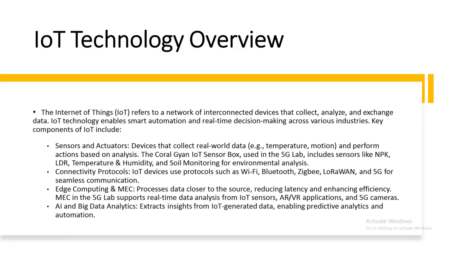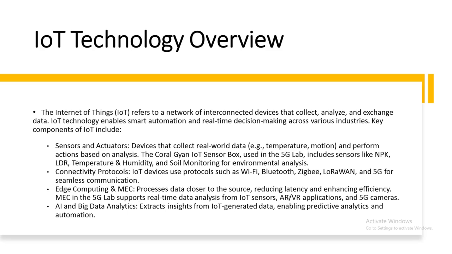It is one of the most marvelous pieces of engineering, which we will be basing our foundation on, and which is used in 5G labs. It includes sensors like NPK. NPK sensor is basically nitrogen, phosphorus, and potassium. It is able to detect the contents of the soil, the amount of these three elements in that particular soil.